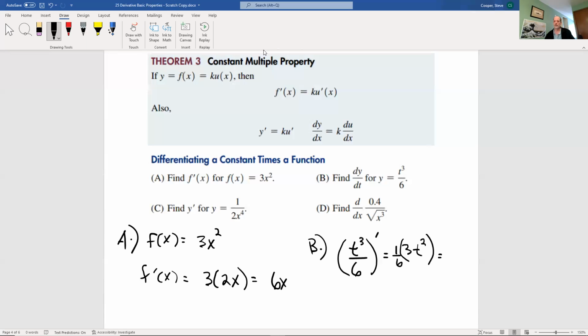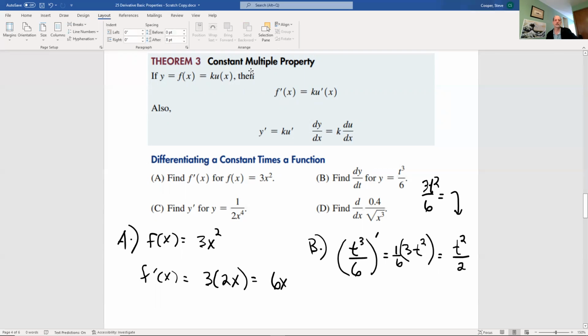And I know that 1/6 times 3 is 1/2. So this is going to simplify to t squared over 2. That makes sense? I could have just left the parentheses off and just wrote this as 3t squared over 6 and gotten that. All right, so C.